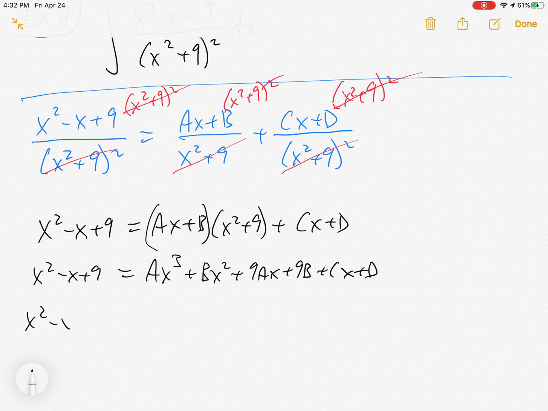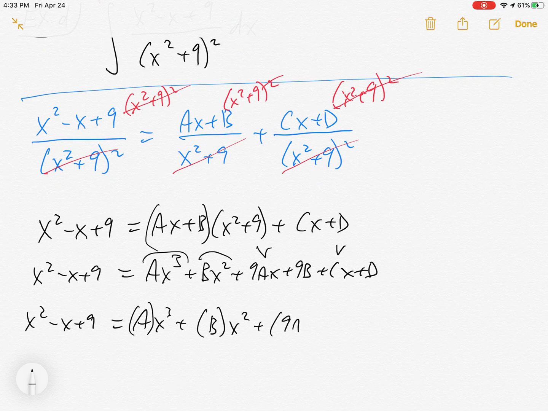So FOIL this out: ax cubed plus, I'm going to put them in order and do the inside next. Okay, and then we will collect our like terms. No one goes with the cubic term. That's weird, there's not even a cubic term on the left. What are we going to do about that?